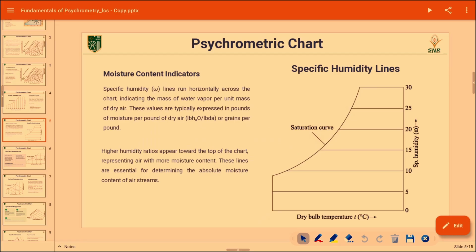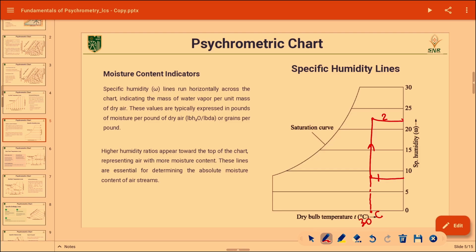We can also note that if the humidity is on the higher side, this is process 1 and this is process 2. You can take the humidity value straight away, and this is the dry bulb temperature value. So, the humidity alone is increasing here.